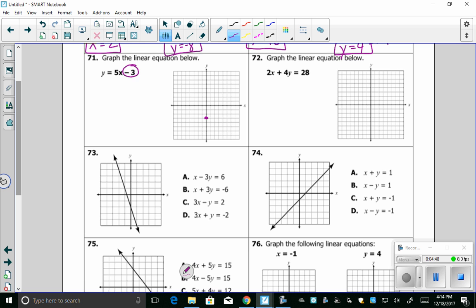My slope is going to be 5 over 1. So that means it's going to be a positive 5, so I'm going to go up 5. 1, 2, 3, 4, 5 over 1. And if you can go the opposite, go the opposite. Over 1.